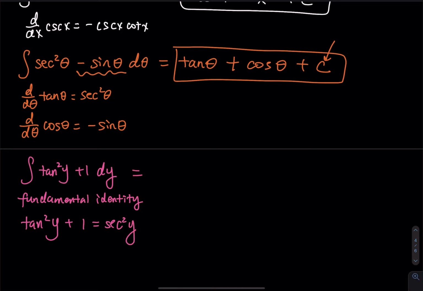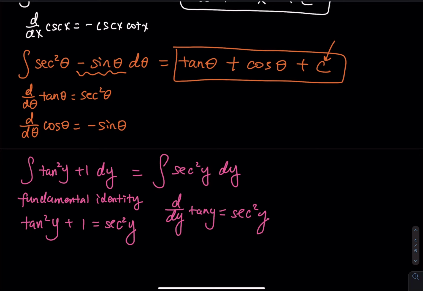So that gives you the integral of secant squared y dy, and then you have to know that the derivative of tangent is equal to secant squared. So you undo the derivative, then you get the tangent back. So tangent y plus c. So this is the general solution.